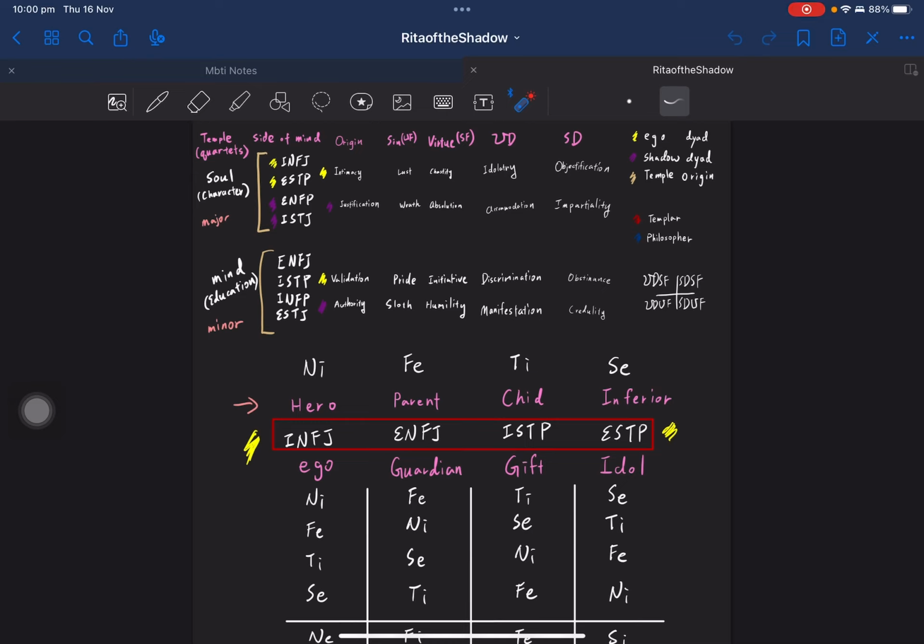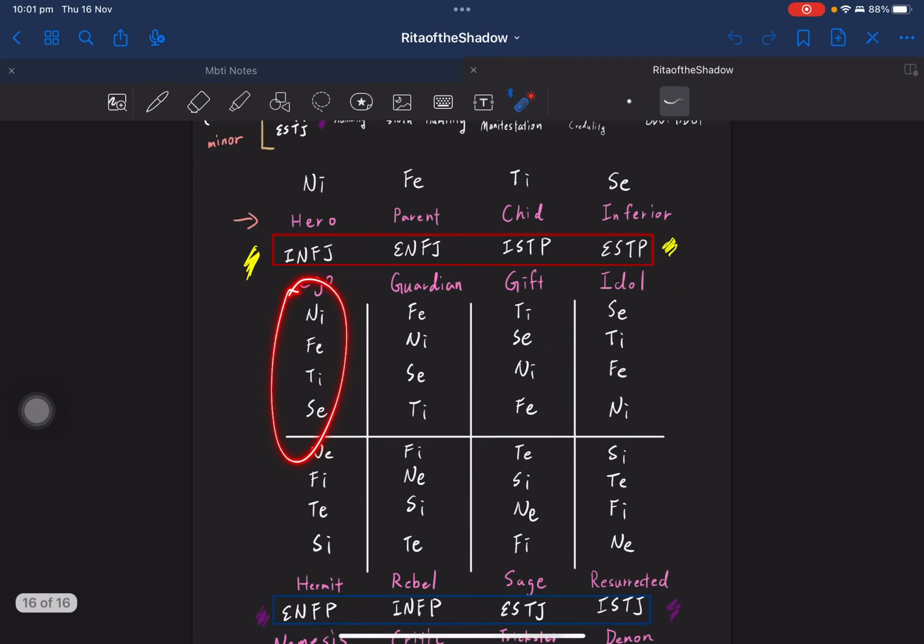What is the reason for everything being grouped as in a series of 4? What makes us think that there are always 4 cognitive functions in the stack? And how come there are 4 characters here? And how come there are 4 types in a quadra? And how come there are 4 sides of mind?